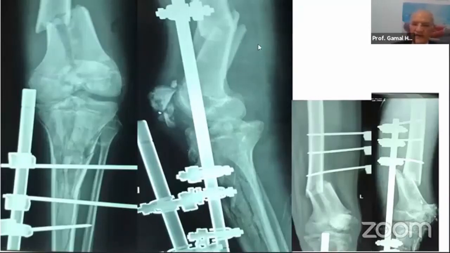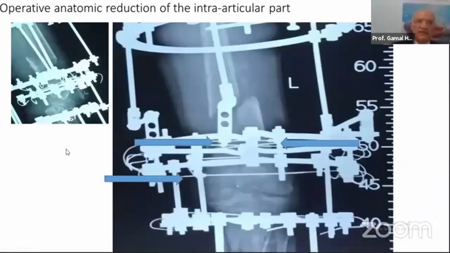This was a firearm injury, and you have comminuted fracture of the distal femur, comminuted fracture of the proximal tibia, and this is the immediate postoperative picture. You see, totally displaced fracture in the lateral plane and displaced in the coronal plane.